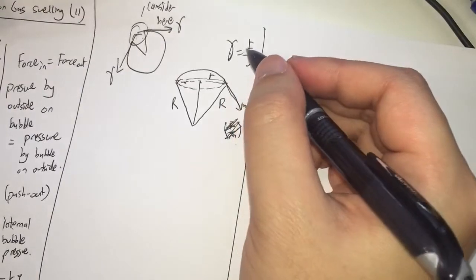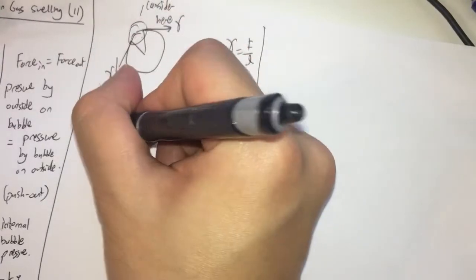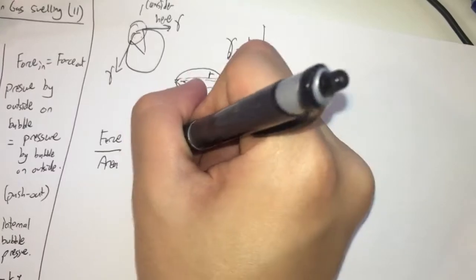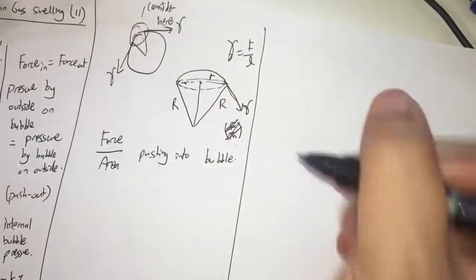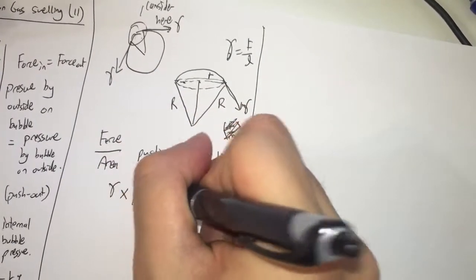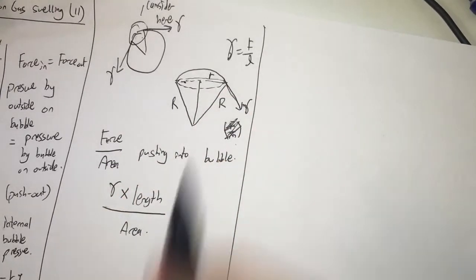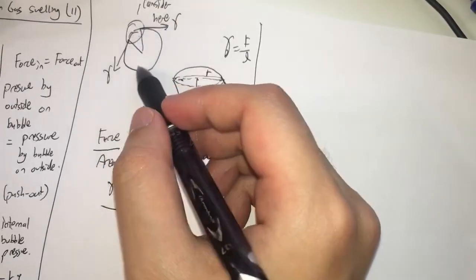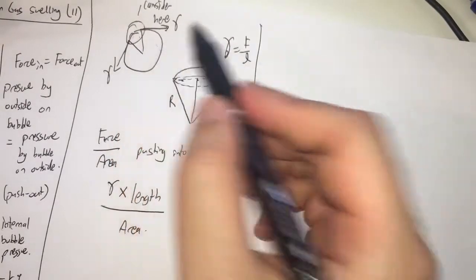If we want to look at the force per unit area pushing into the bubble, we will need gamma times some representative length over some representative area. If we consider this small little part, and we assume that this is repeated throughout the bubble, it is the same no matter which slice of the cone you take.